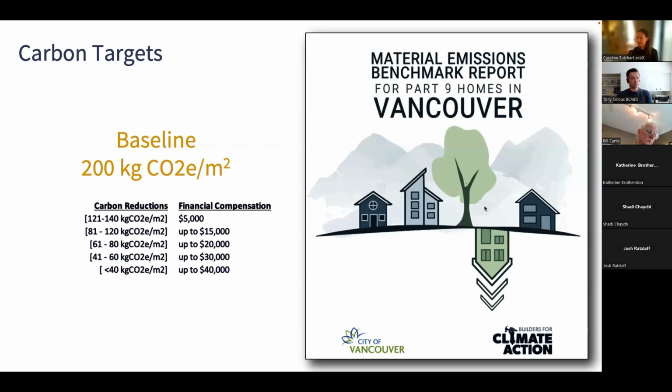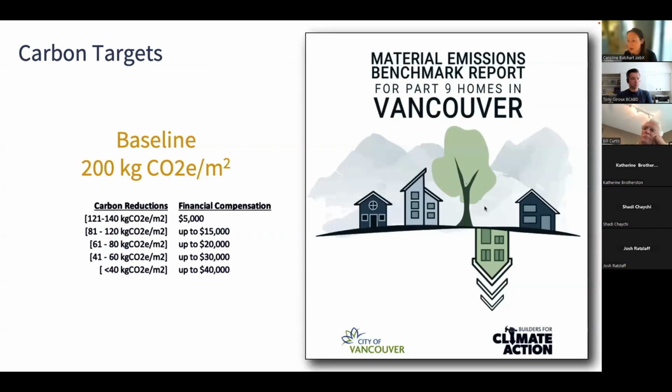Within this material emissions benchmarking report, there were homes down at the 120 mark, and they didn't even try. So we know that it's pretty easy to get up into the $15,000 bracket, and then increasingly difficult to nudge between $15,000 and the $40,000 mark.